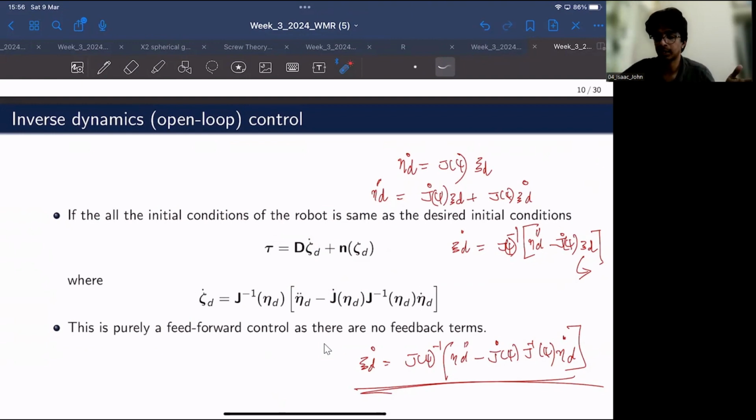It may not even track the desired trajectory. So that is the potential drawback of this. Unless you maintain everything very particular, or unless you force the robot to start from the desired trajectory's initial position, making this inverse dynamics open loop controller itself is quite challenging.